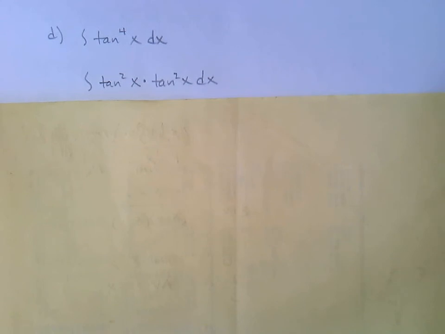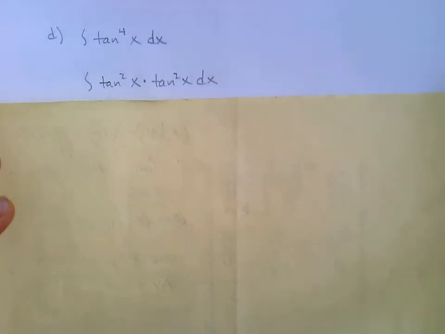But if you rewrite the entire tangent to the fourth as, say, secant squared x minus 1 quantity squared, you're not in any better position than you would have been with tangent to the fourth x, because if you've got a secant squared squared, you still have a fourth power. Part of the goal is to make those powers smaller, or at least put them in a situation where we can do a u sub, and just converting everything to secant would actually make it worse.